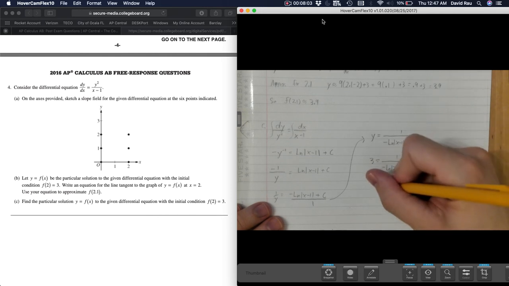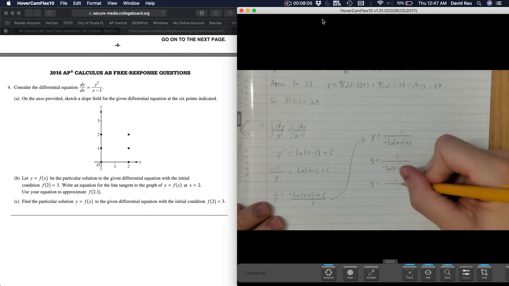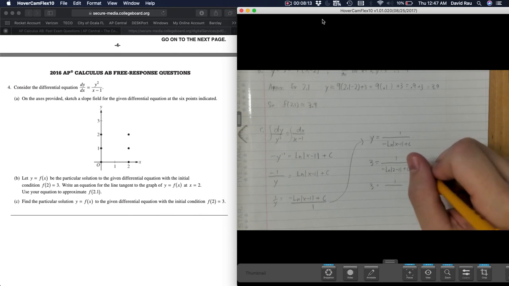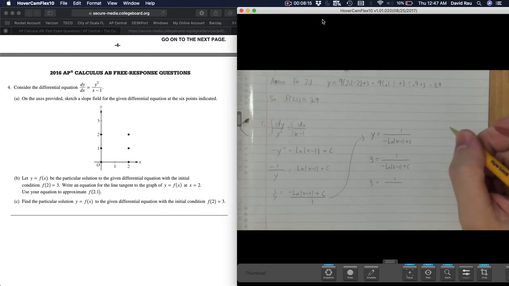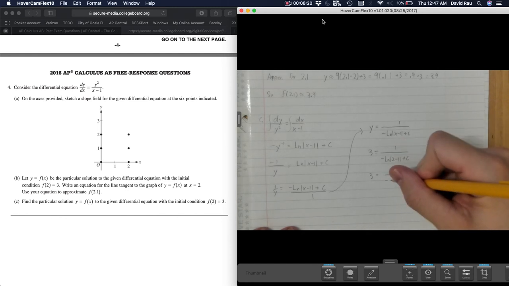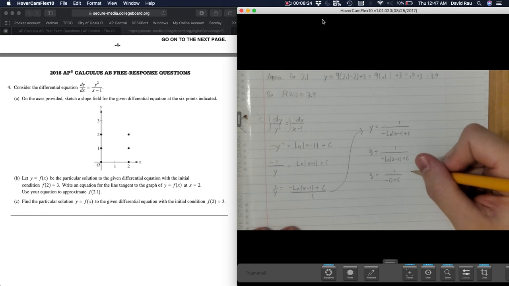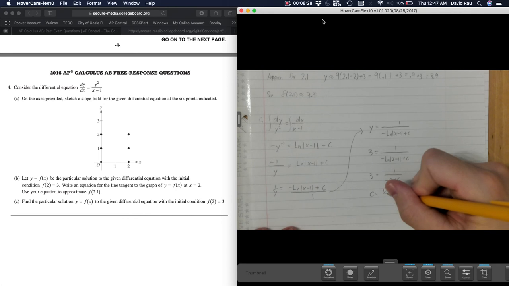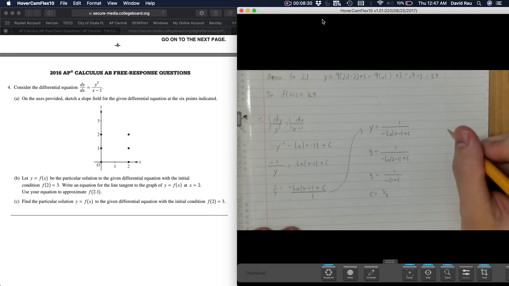And so that means that 3 is 1 over, well, ln of 1 is 0. That's something that you need to have memorized. Again, this is technically a non-calculator question, but you actually have your calculator at all times since it's take-home. So we have negative 0 plus c, and this is where things get a little complicated, but eventually you'll see that c is 1/3.